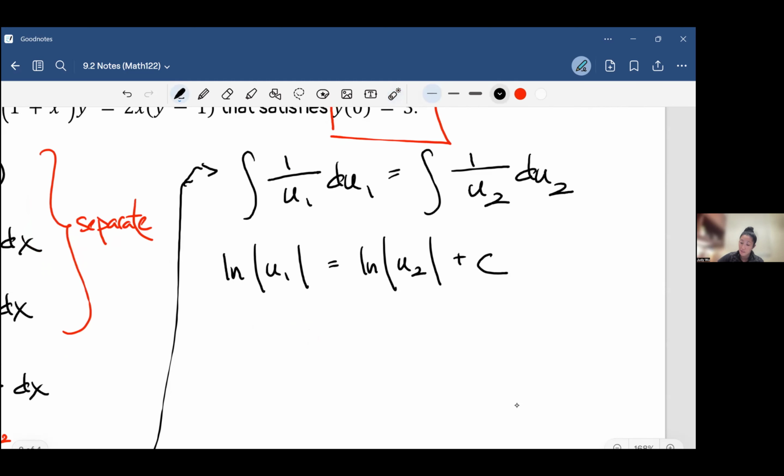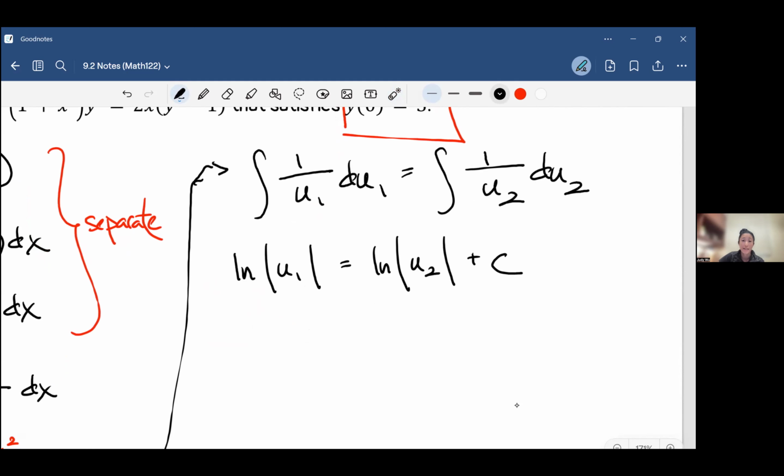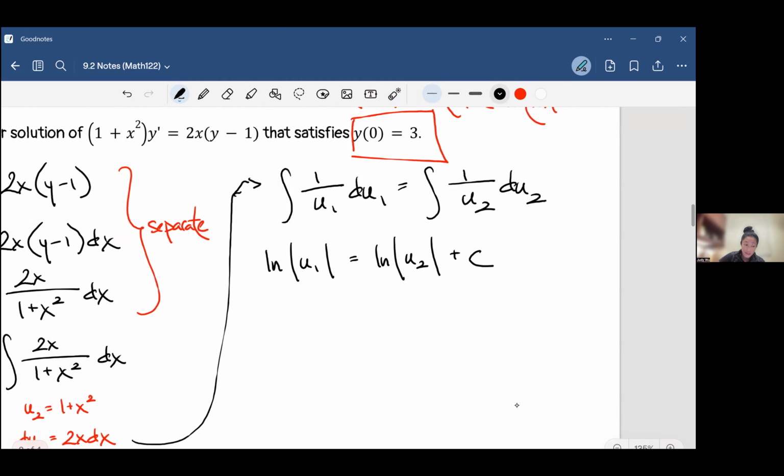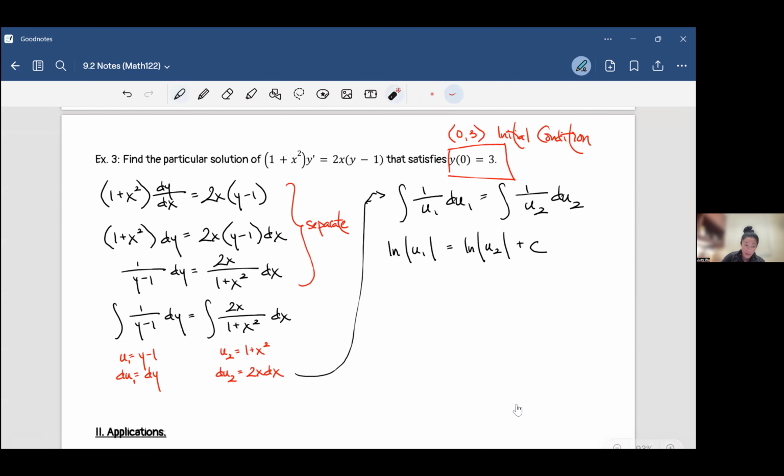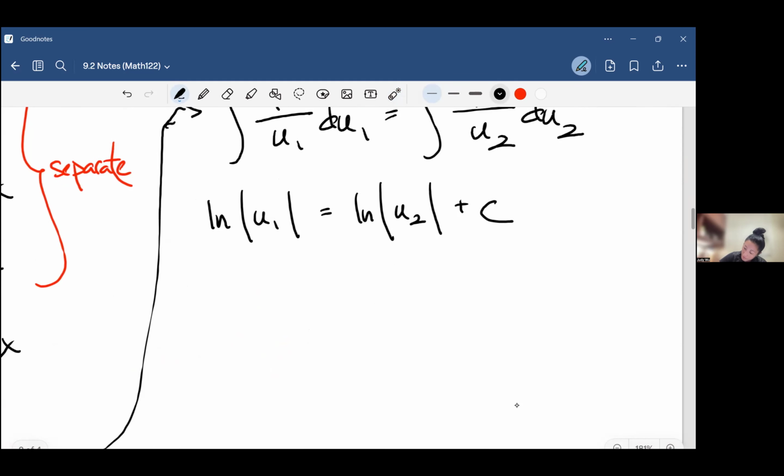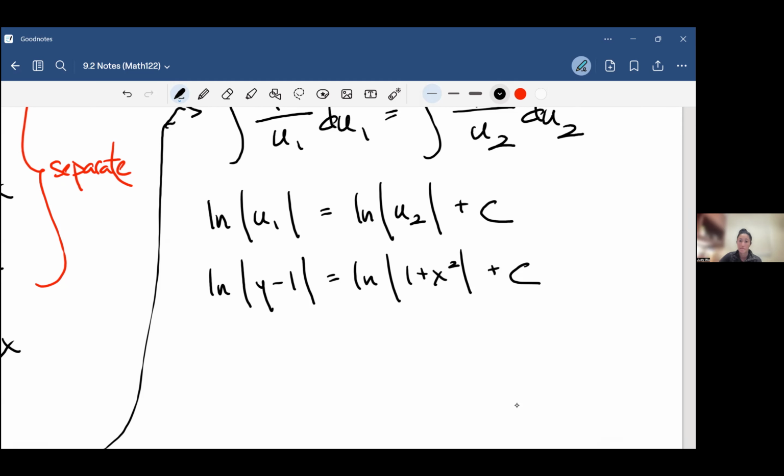So now we've integrated both sides. Before we do anything else, let's plug back in our y − 1 and our 1 + x². This gives me ln|y − 1| equals ln(1 + x²) plus c.